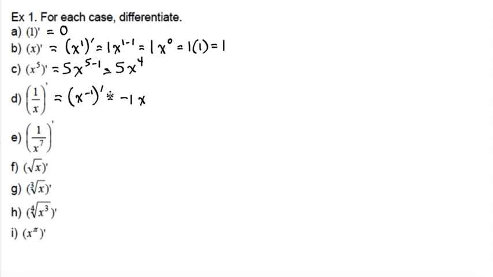And then I'm going to take my exponent, negative 1, and subtract 1 from that. And that's going to give me negative x to the negative 2. Now I can keep it like this, or I can rewrite this as a rational expression. So anytime I have a negative exponent, I could write this as 1 over x to the positive 2.